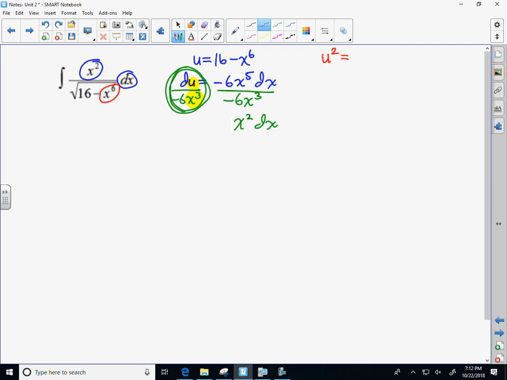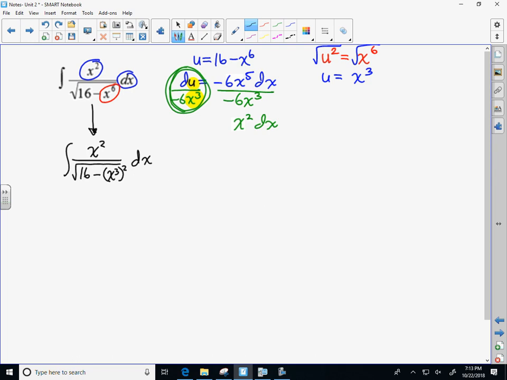Alright, then I take the square root. U would be equal to x to the 3rd. That's the same as saying, so let me rewrite this. We have 16 minus, instead of x to the 6th, x cubed squared.